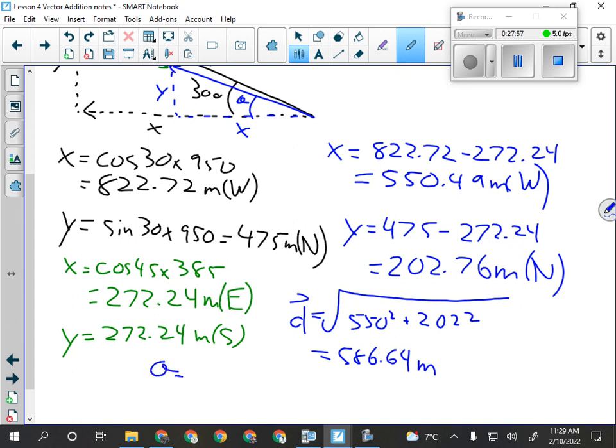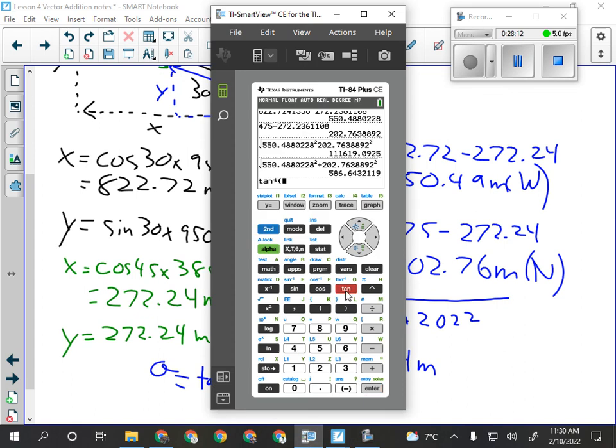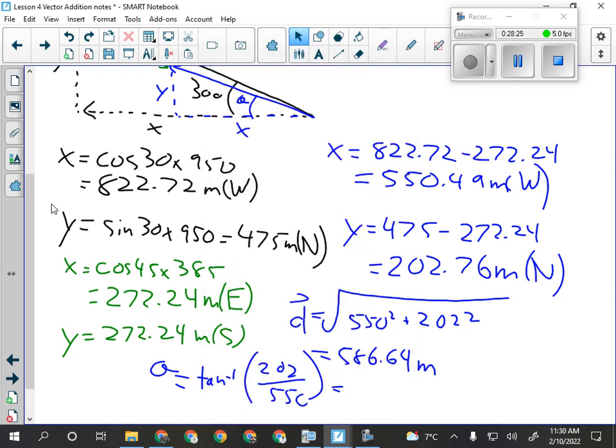And to get theta, the way I drew the triangle, y is opposite, so tan to the minus 1 of the 202 over the 550 will give me my angle. So we're looking at 20.2 degrees. That fits with the triangle I drew. And for me, that's going to be north of west.